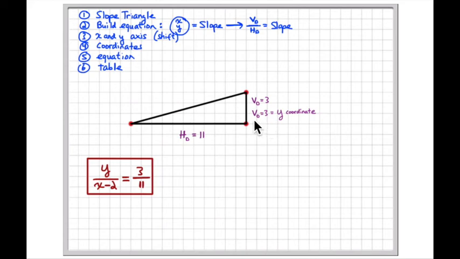And also notice that the coordinate for y is equal to 3 units because y equals 3 in this case. So this point right here has a y coordinate of 3. It's 3 units in the vertical direction. But the x coordinate is not 11.